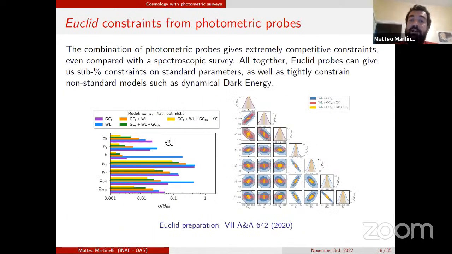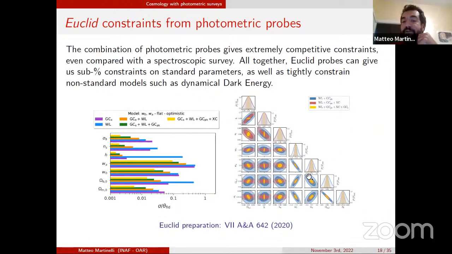What we have shown in our Euclid work is that this cross-correlation, this XC that you see here, is extremely important. Already you see that for some of the parameters, having the full set of photometric observations, this weak lensing plus galaxy clustering plus cross-correlation, is enough and doesn't get improved when we add the spectroscopic survey of Euclid to the mix.